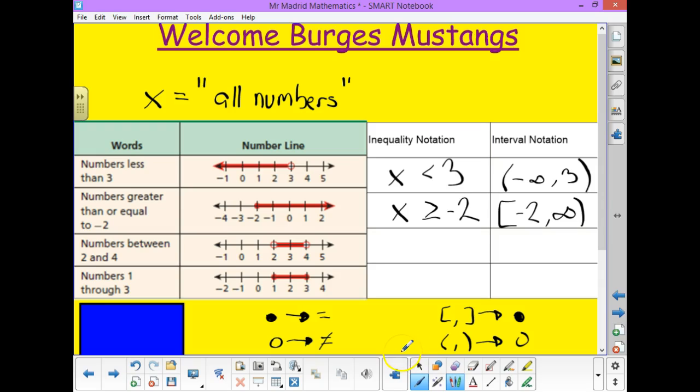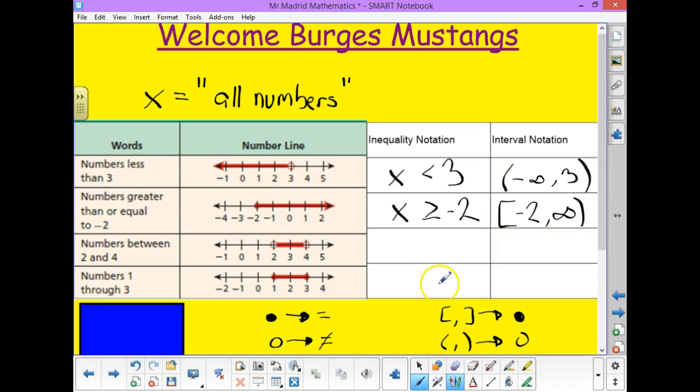Now, while we're on the topic, notice that closed circle produces equal. So there is a relationship between an equal sign and a bracket. Same thing with open circles: with open circles, you cannot equal. Open circles lead to parentheses, so there is a relationship between parentheses and inequality, or not equal to.